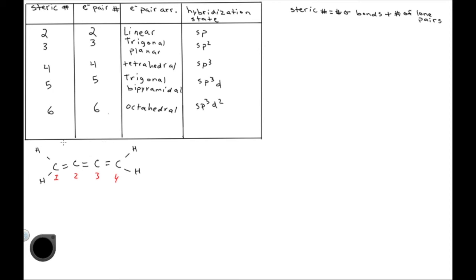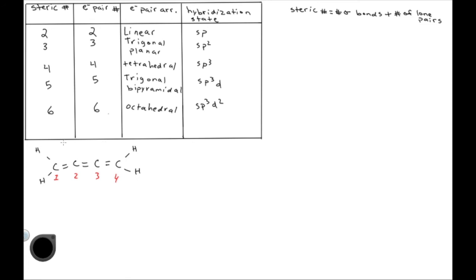Likewise, we have 3 sigma bonds and no lone pairs around carbon 1. So the steric number is going to be 3 for carbon 1. As a result, the electron pair arrangement is going to be trigonal planar, and the carbon atom is going to be sp2 hybridized.